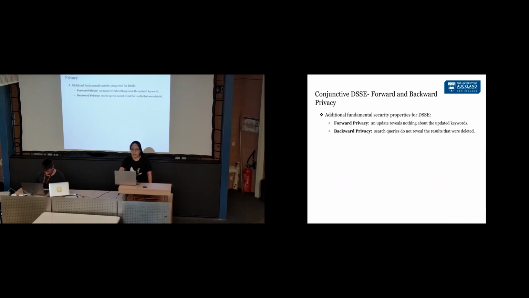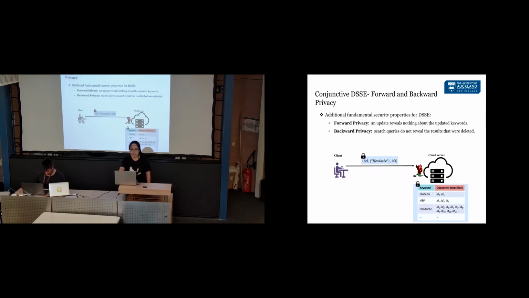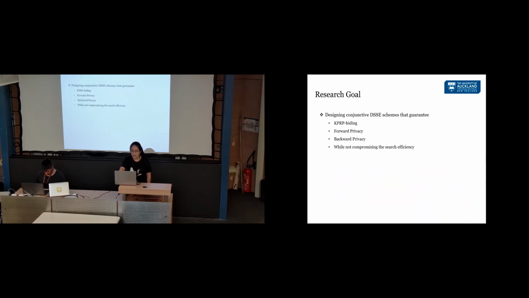Backward privacy ensures search queries do not reveal the deleted results. For instance, after deleting the keyword headache from the document ID4, then in a following search involving the keyword headache, the server cannot learn ID4 was previously matched by the keyword headache.